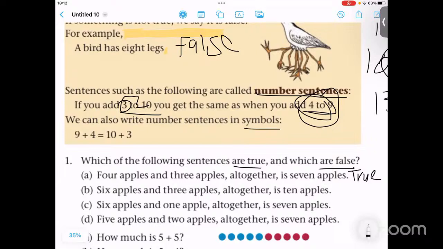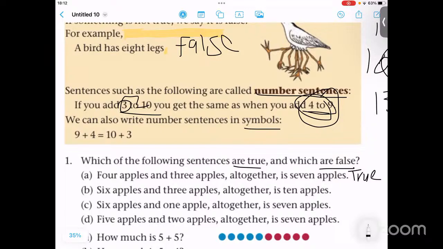Okay, Tyrone, how much do you get? Do you get a 10? If we're adding 6 plus 3, I think we're going to get a 9. So the statement is false, because when you add 3 to 6 or 6 to 3, you're going to get 9.